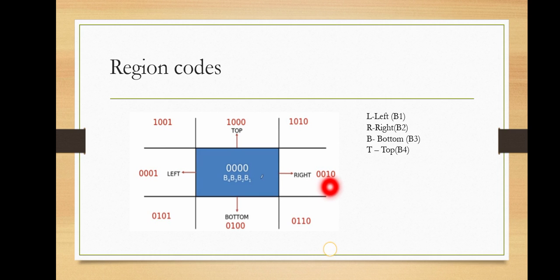If you compare the region at the bottom, all other bits are 0 except the bottom bit, that is the third bit. And this is the region code for the top of the window, hence the fourth bit, the top bit, is 1 and all others are 0.